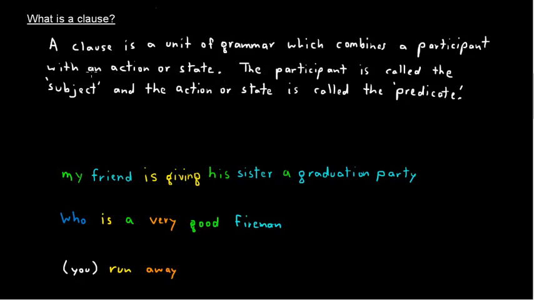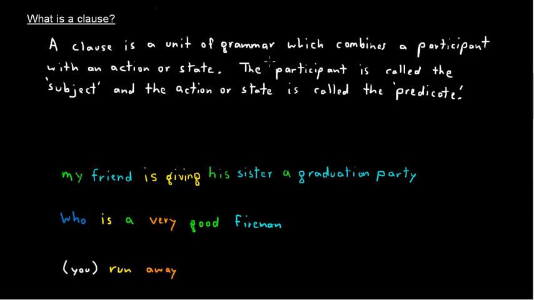And the action or state tells what something is doing, or what the participant is. The name we give to the participant is called the subject, and the action or state that we're combining with that subject is called the predicate.